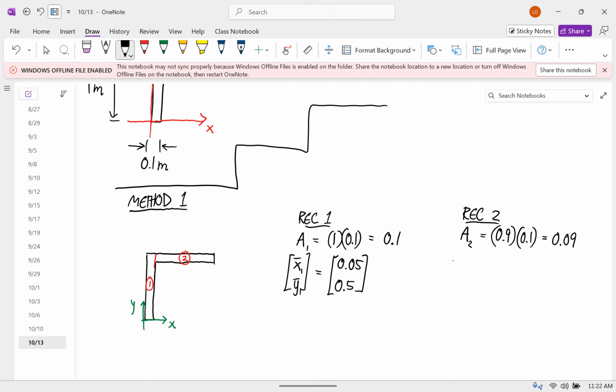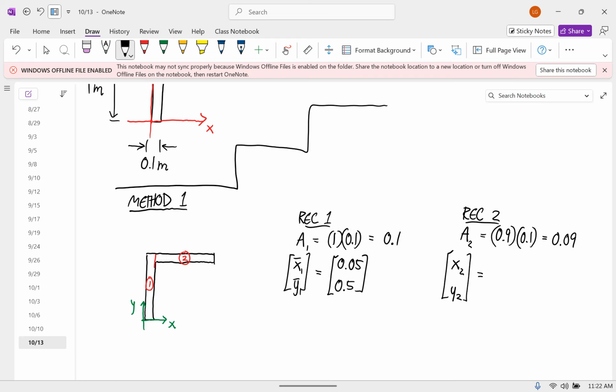And now the centroid, the horizontal centroid. This thing has a length of 0.9, and you have to go horizontally from the origin 0.1 in the positive x direction before you get to the left edge of that rectangle.